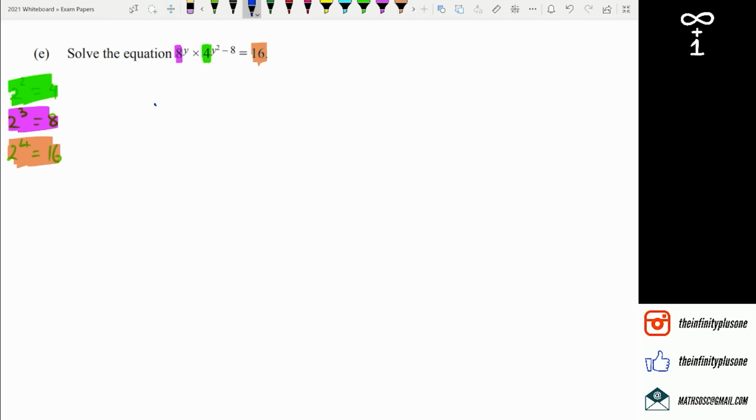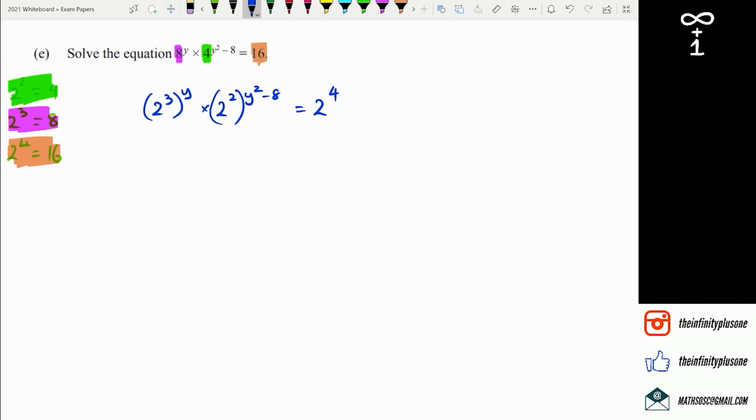So I'm going to get 2 to the power of 3 to the power of y multiplied by 2 to the power of 2 to the power of y squared minus 8 equals 16, which happens to be 2 to the power of 4.